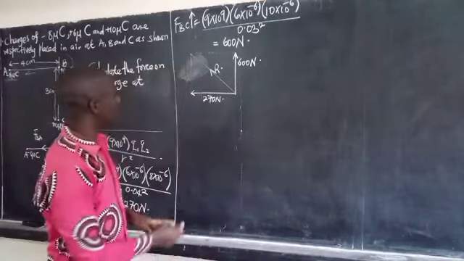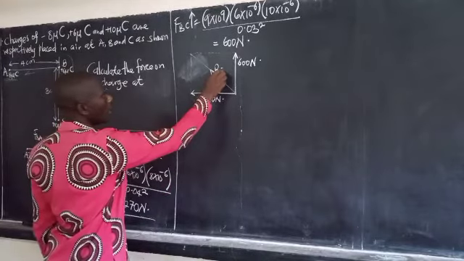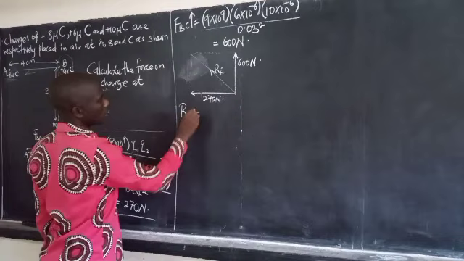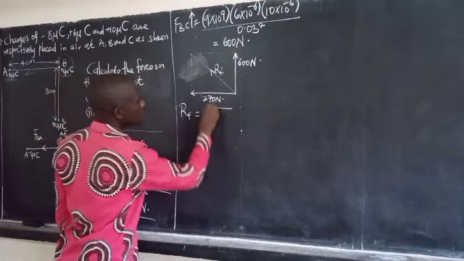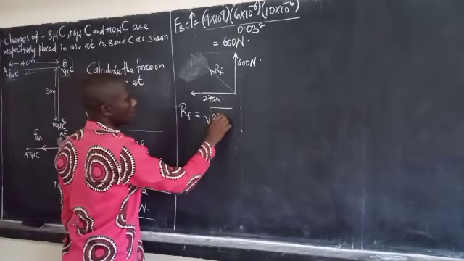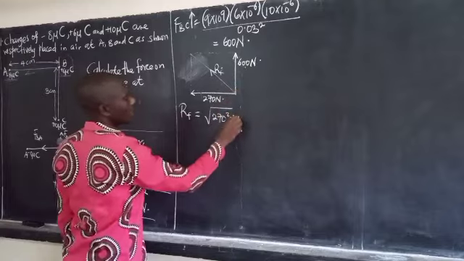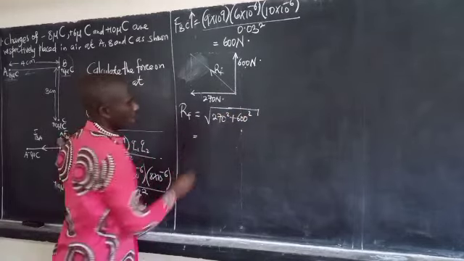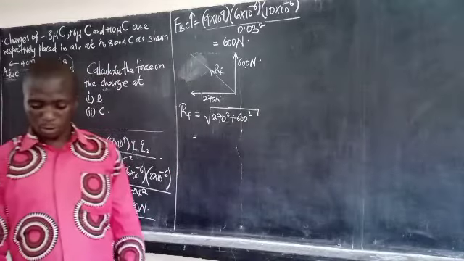We are using the same, that will give us that the resultant force will be the square root of 270 squared plus 600 squared under the root.